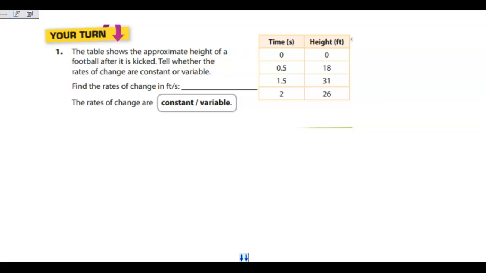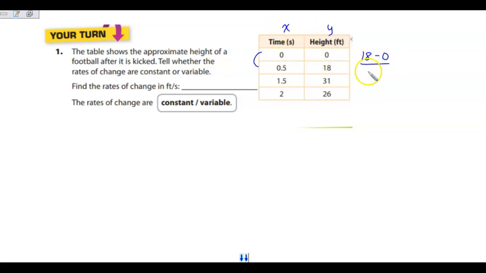Your turn number 1. It says the table shows the approximate height of a football after it is kicked. Tell whether the rates of change are constant or variable. And the first thing they want us to do is to find the rates of change. So we need to find the difference between two different ones. So say we pick these two. We're going to have 18 minus 0. Here's my x's, here's my y's.